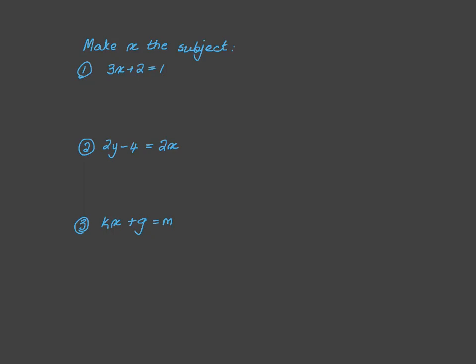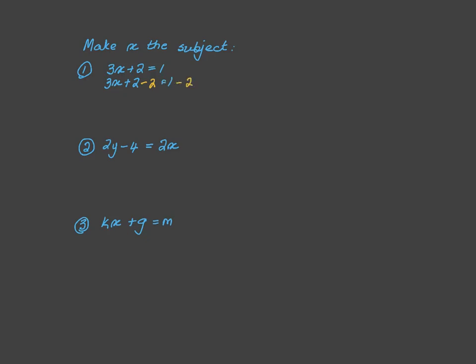I'm going to go through a few examples with you. The question is make x the subject. Number 1, 3x plus 2 is equal to 1. So we need to get x by itself. The first thing to do is to subtract 2 from both sides. 3x plus 2 minus 2 is equal to 1 minus 2.